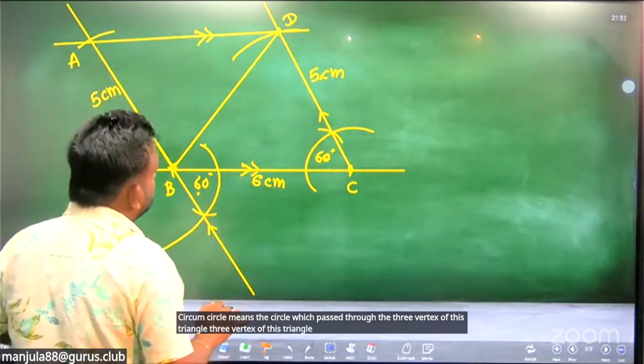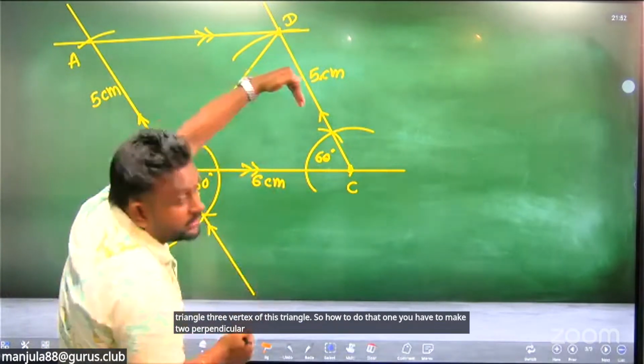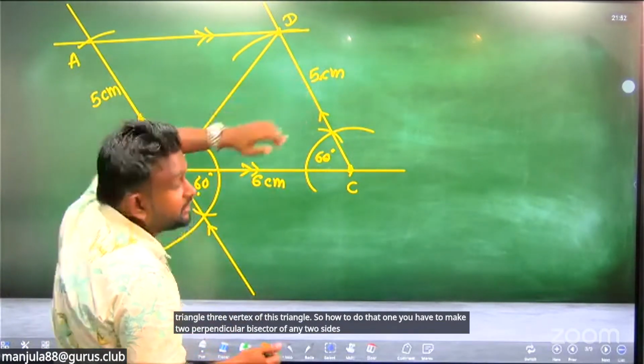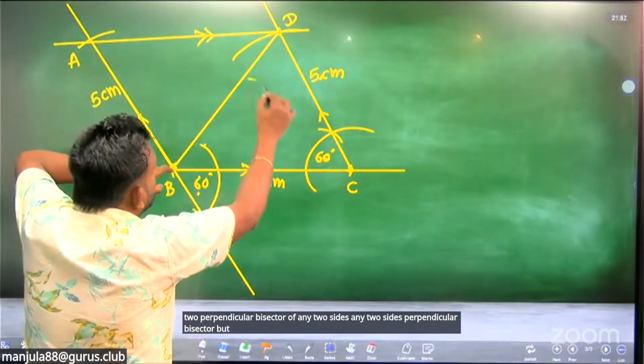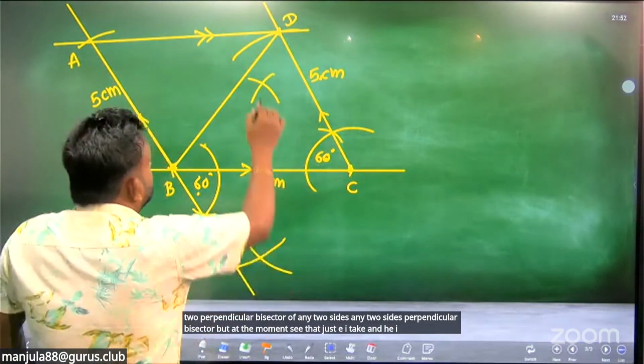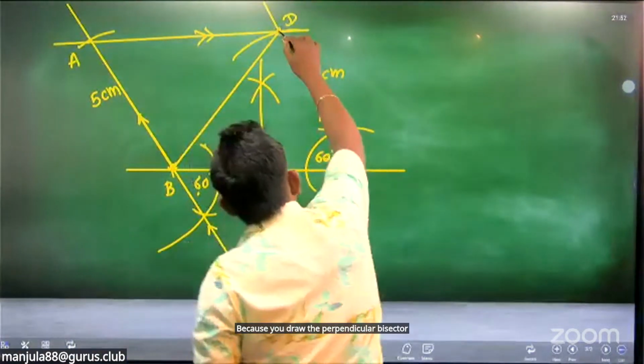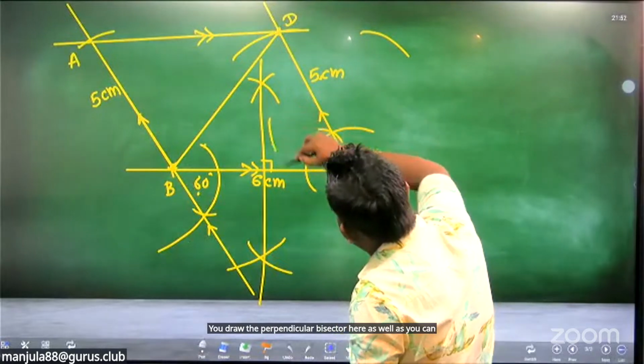So how to do that one? You have to make two perpendicular bisectors of any two sides. Any two sides perpendicular bisector. But at the moment, see that just here I take and here I cross. Right, you draw the perpendicular bisector here as well as you can draw here perpendicular bisectors.